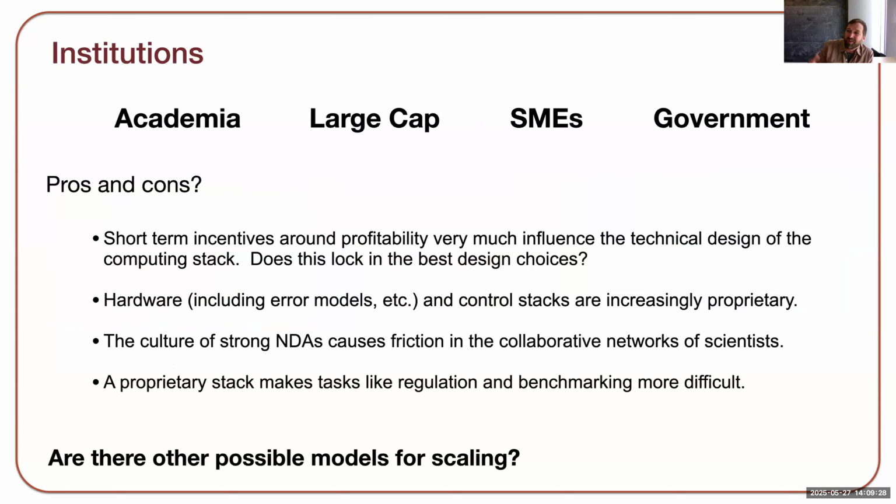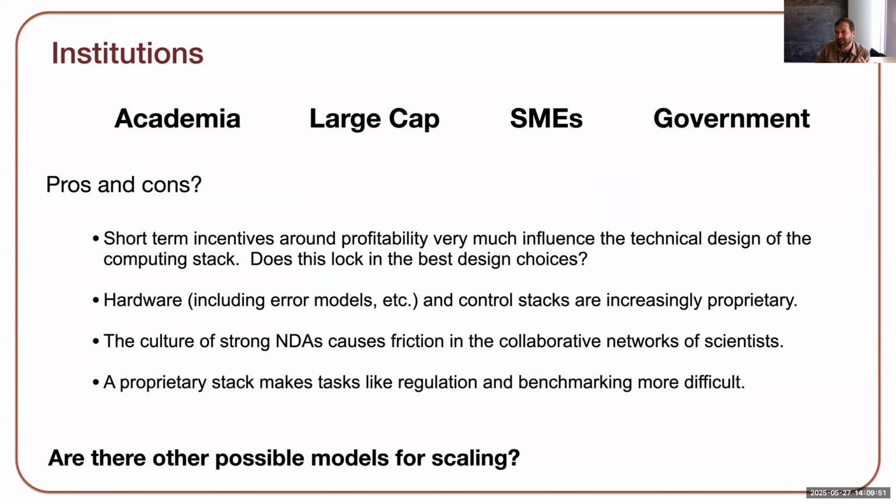And so just to mention the current institutions that many of us are part of as we try to think about quantum technology and about scaling quantum technology. Of course, academia, education and research, we're largely all familiar with, I assume. And of course, government, we receive government funding.